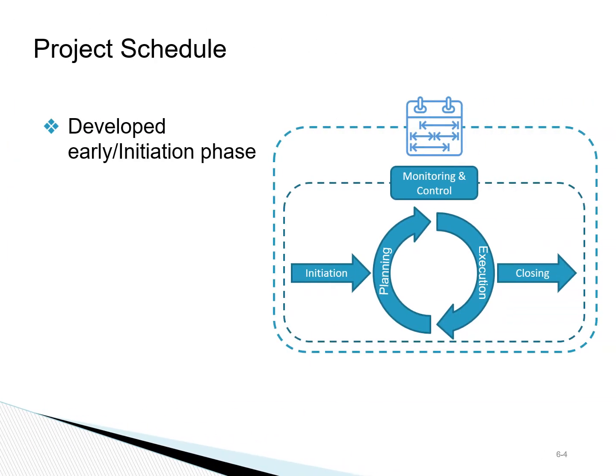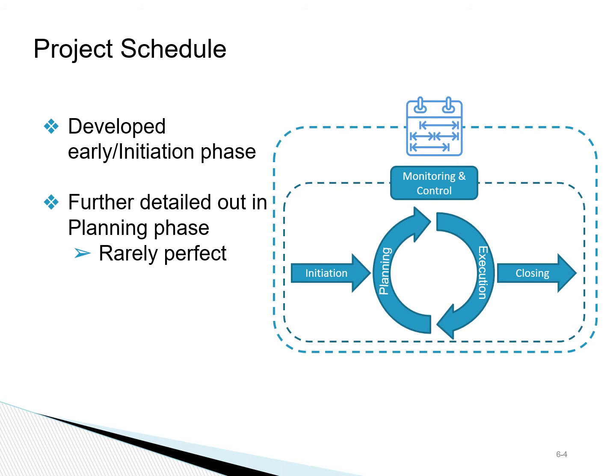We usually develop the first version of the project schedule during the initiation phase to assess the feasibility of the project. As we proceed with planning, we further detail out the schedule as we develop a better understanding of the work involved.